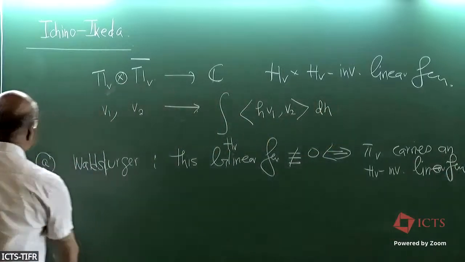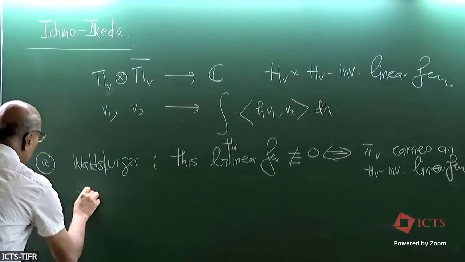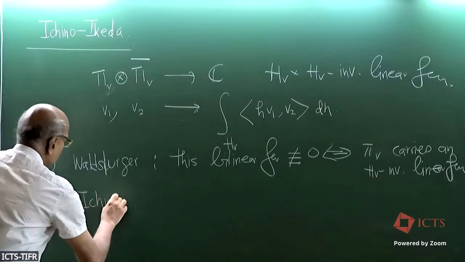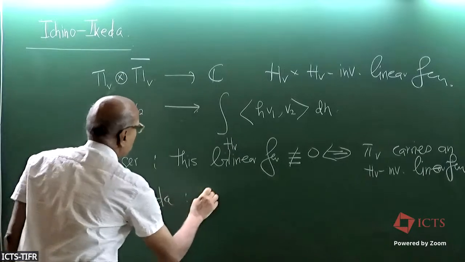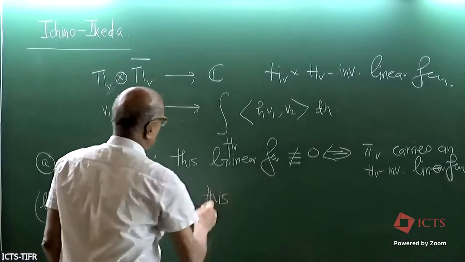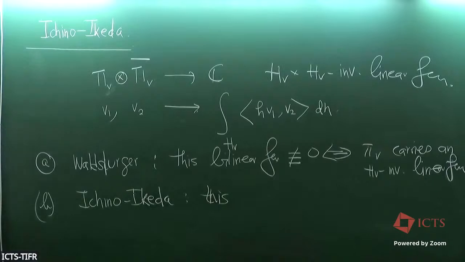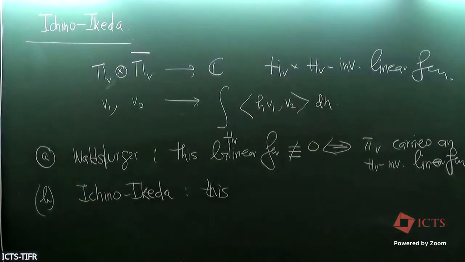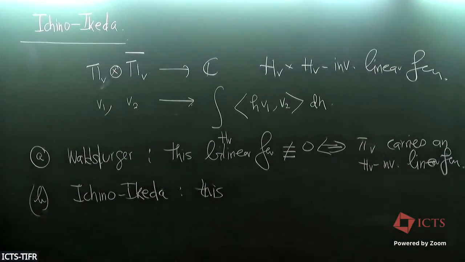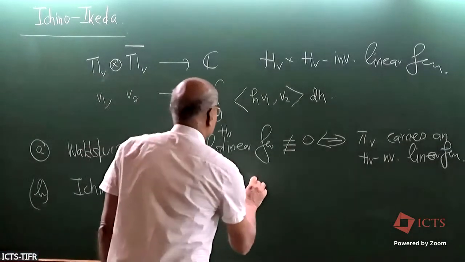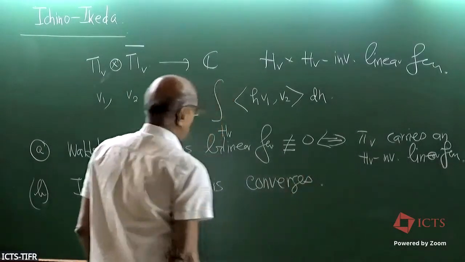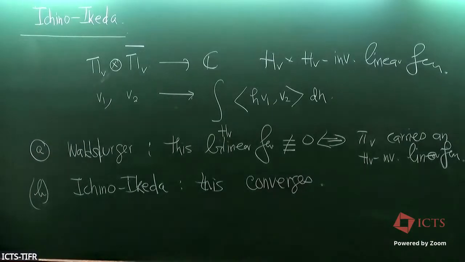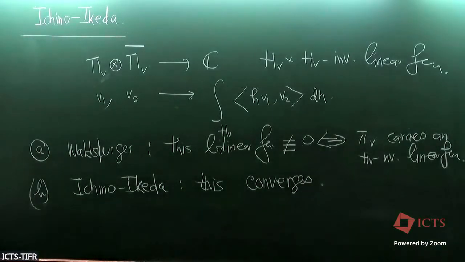And then the next one is due to Ichino-Ikeda. And they say that, okay, so I suppose this must come before A, this converges. So I am a bit confused.